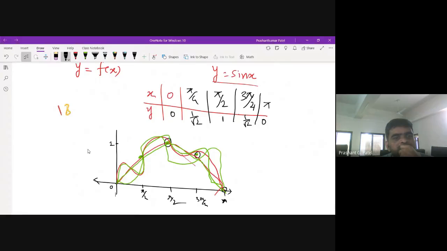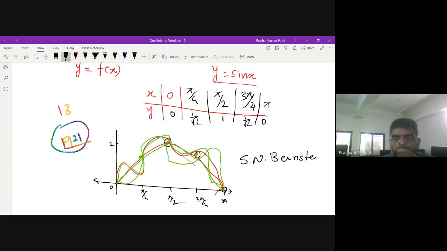And in 1912, the Weierstrass's approximation theorem was proved by S. N. Bernstein, and he proved this theorem using the Bernstein polynomials.